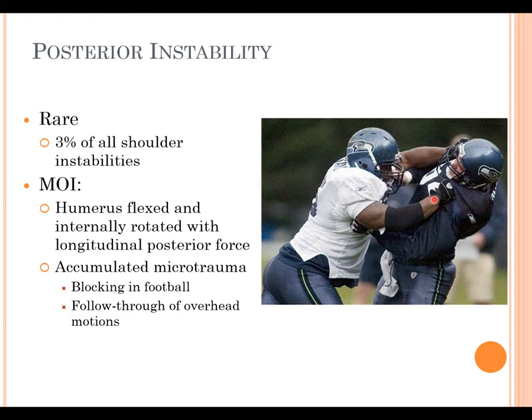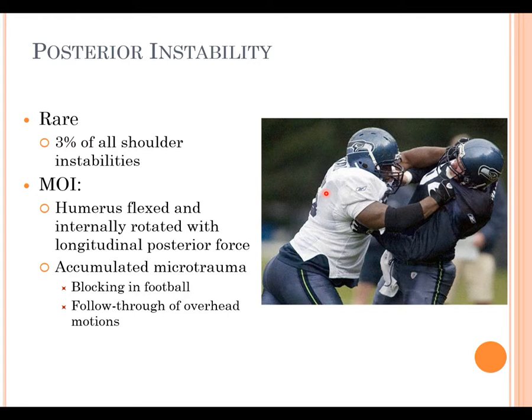Because they're grabbing someone, their arms are oftentimes internally rotated, and because some big giant person is running at them, there's a longitudinal force moving down their arm. So how you actually get these is exactly what a lineman does on a blocking basis. Every time they do this, they're putting pressure on the posterior capsule, possibly putting them at risk for posterior instability.